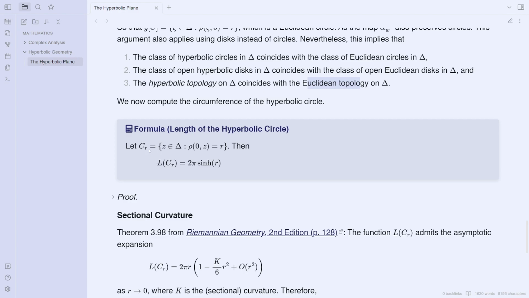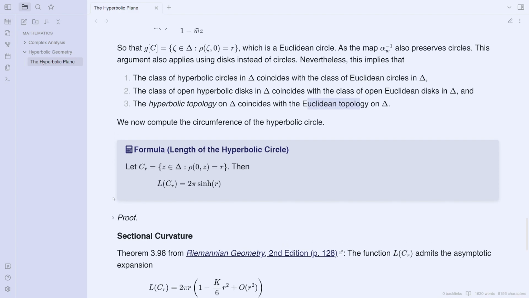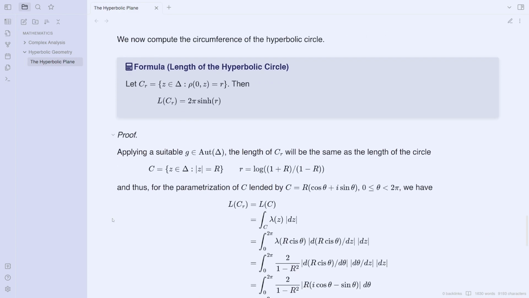As it turns out, if I have a hyperbolic circle in the hyperbolic plane, then the length of it, or the perimeter, or the circumference, is 2 pi times the hyperbolic sine of r. This is going to give us some important information. The reason we're computing this right now, this will tell us a lot about the geometry of the space, specifically the curvature. And you'll see how we can compute that in a moment.